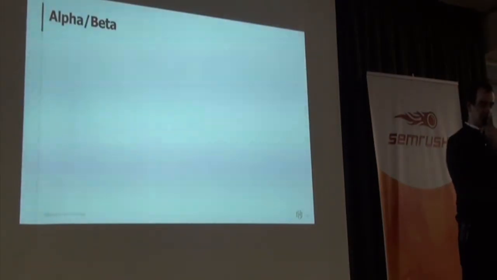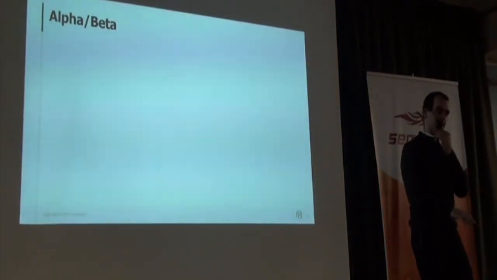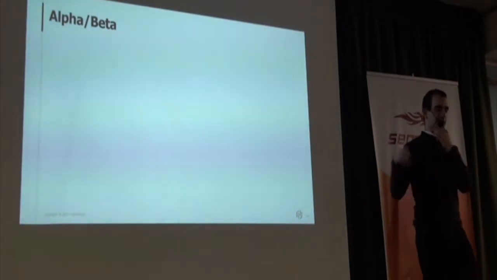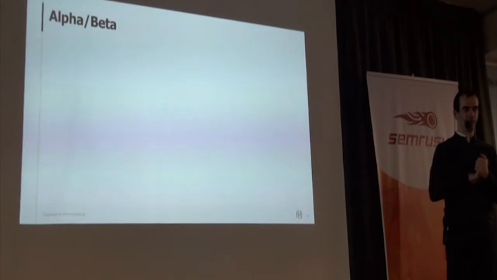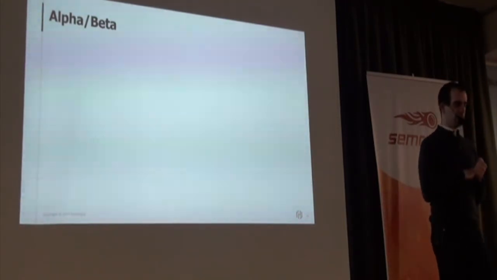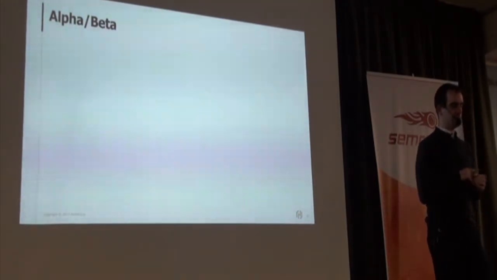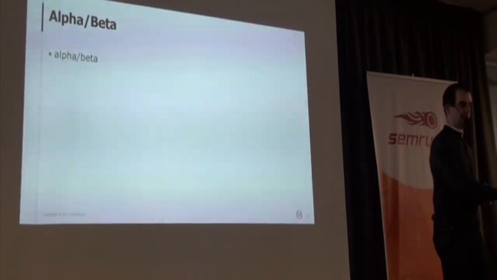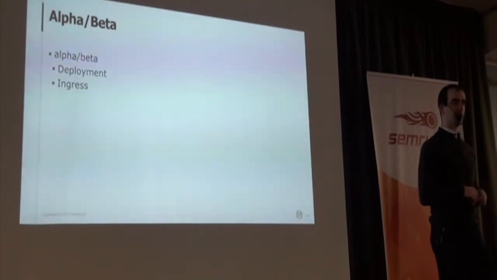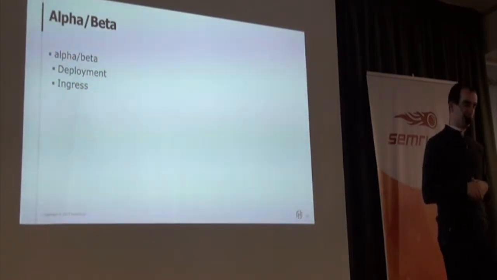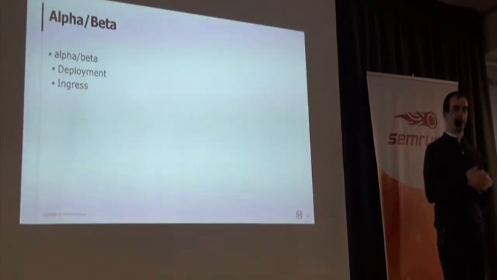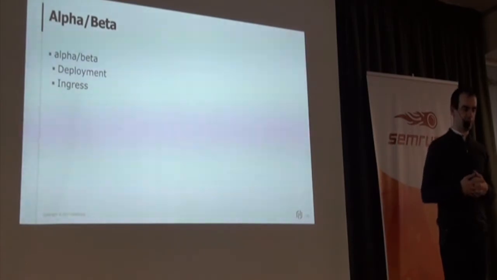Right, alpha or beta, as I promised. The Kubernetes provider currently supports all of V1 because it was just safe for us to implement. And we received many requests for alpha or beta resources like deployment or ingress. But the problem with alpha or beta is that there is potential for breaking API changes, and we need to figure out how to deal with those without impacting the end user too much.